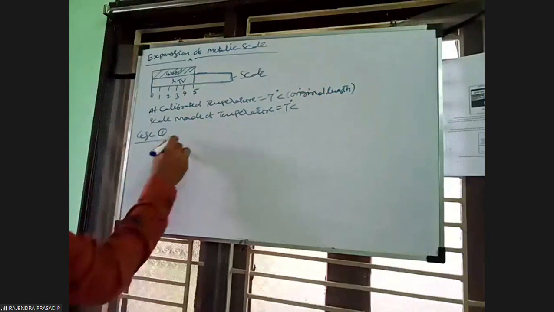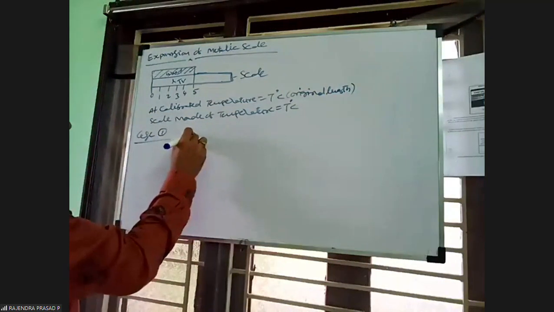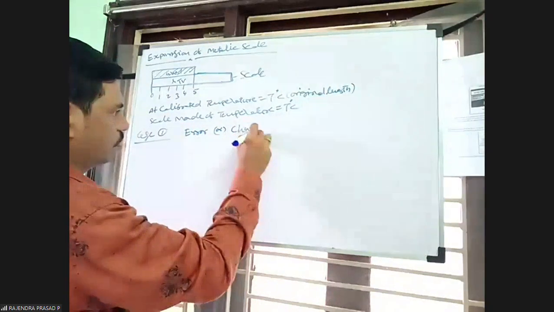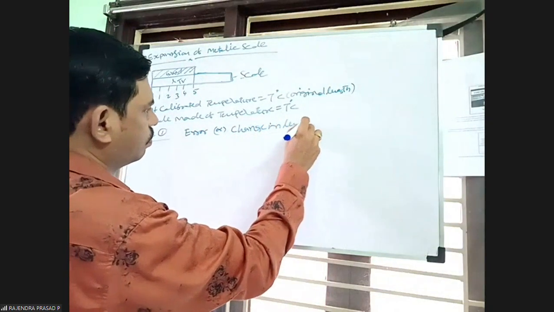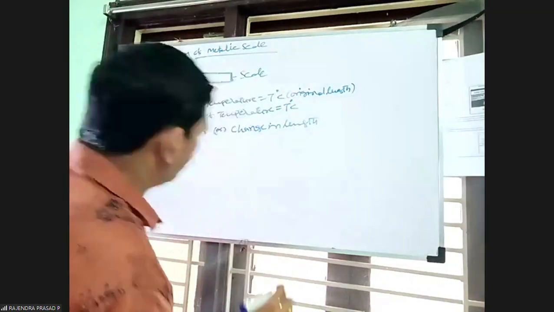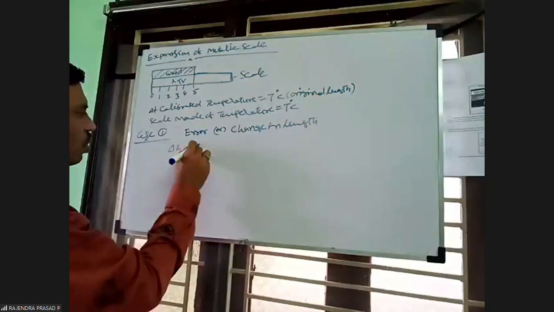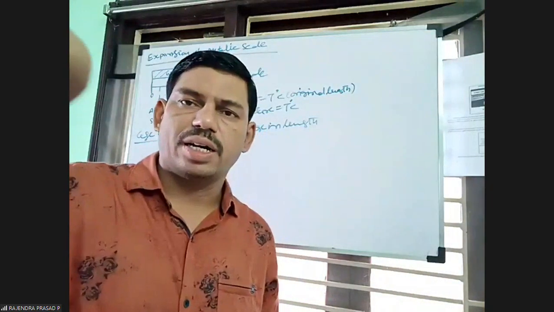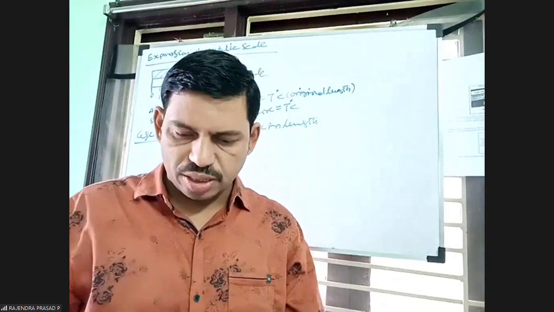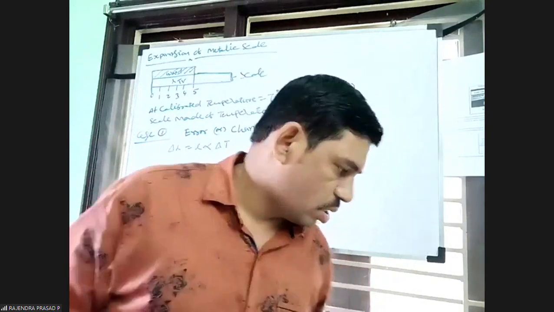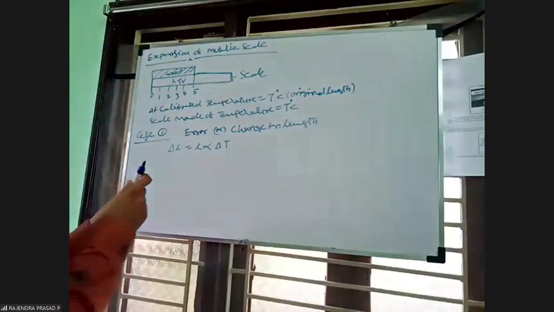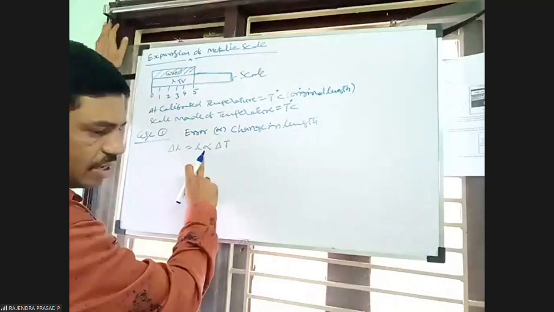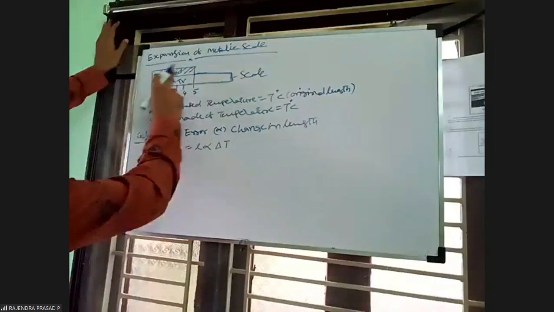First case. Error or change in length. So delta L equals L alpha delta T. L is the length, this is the length, 5 centimeter.